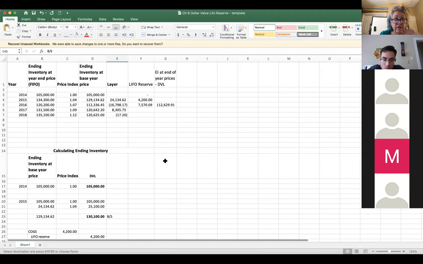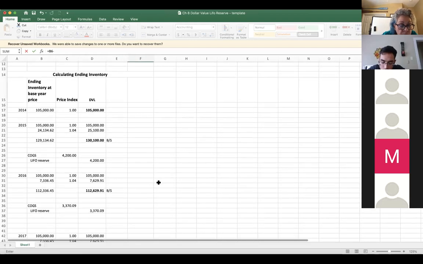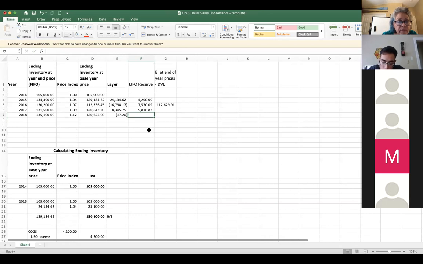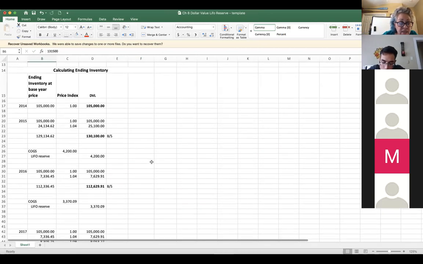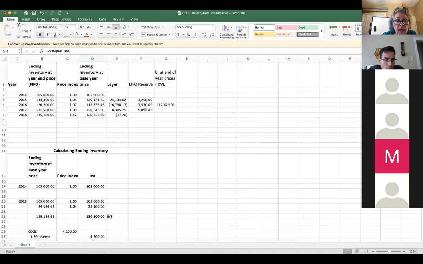So now let's go up here and figure out what my LIFO reserve should equal. Oh, I know why. My ending inventory, 131,500 at FIFO, minus what I want to report on the balance sheet, means that's what I want my LIFO reserve to be.